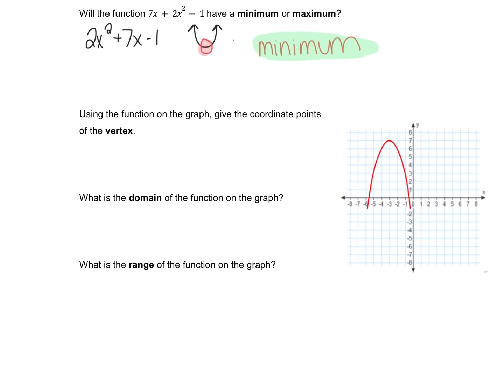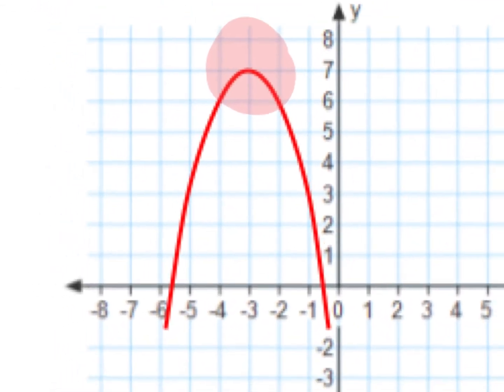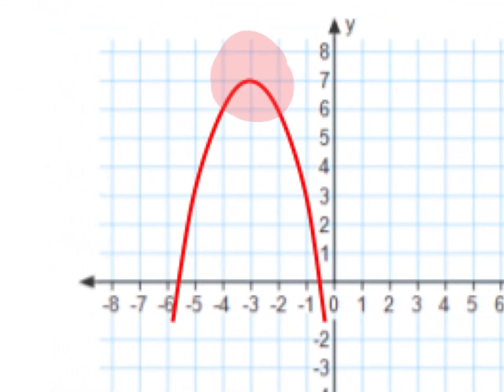Then we have, using the function on the graph, give the coordinate points of the vertex. So we need to find the vertex. In this case, on our picture, it's up at the top. If it's up at this top, we want the coordinate points. So I'm going to zoom in. I need to find my coordinate points of the spot right here.